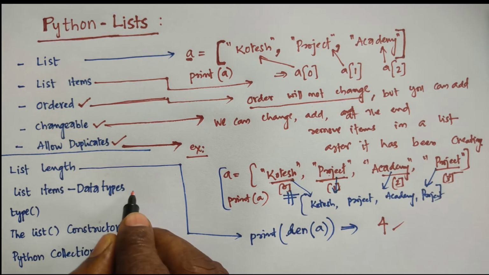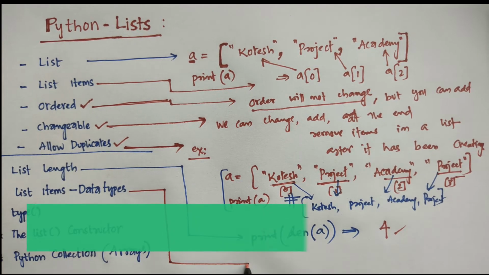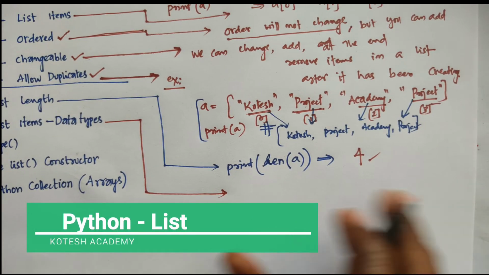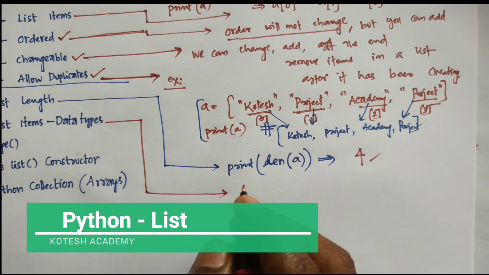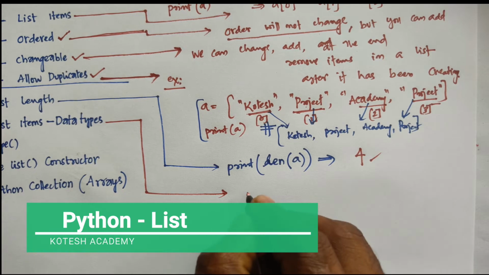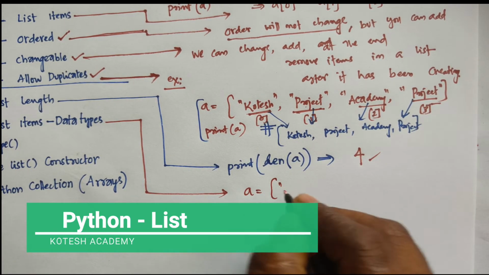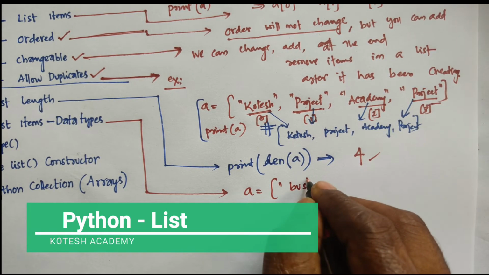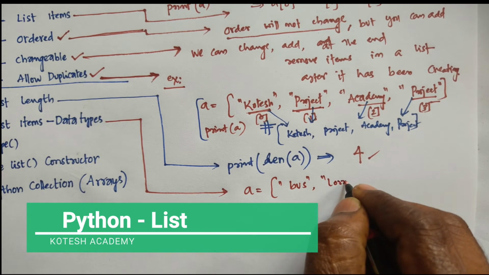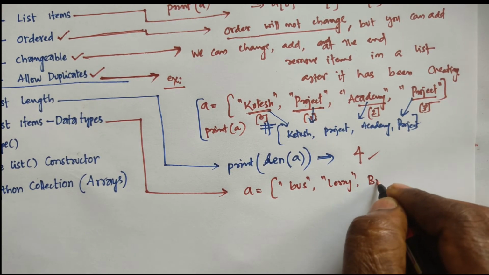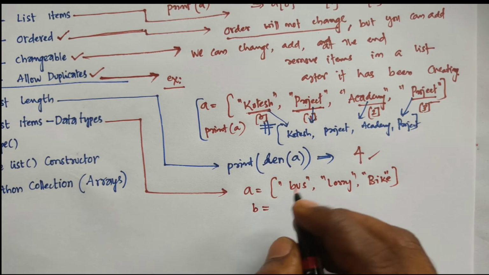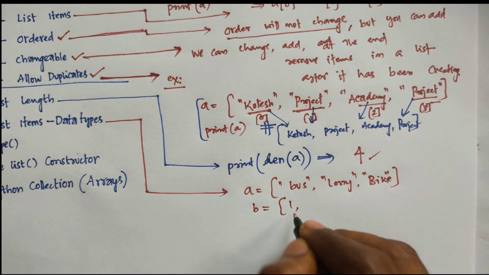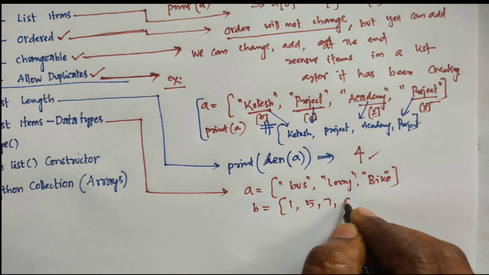Next one is list item data types. List items can be of any data type, for example string, integer and boolean data types. For example, if you take a is equal to bus, lorry, bike, like that you can define it. And you can take b values, which may be integers: 1, 5, 7, 9, 11.